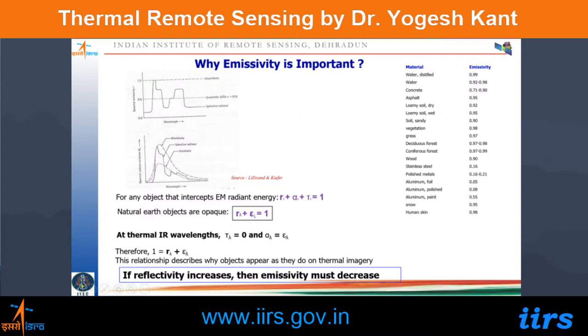But the kinetic temperature and the radiant temperature are never equal, because when we measure the kinetic temperature, we assume that it is in thermal equilibrium, but the radiant temperature differs because the materials are not homogeneous or isothermal in nature. Hence the radiant temperature will never be equal to the kinetic temperature.